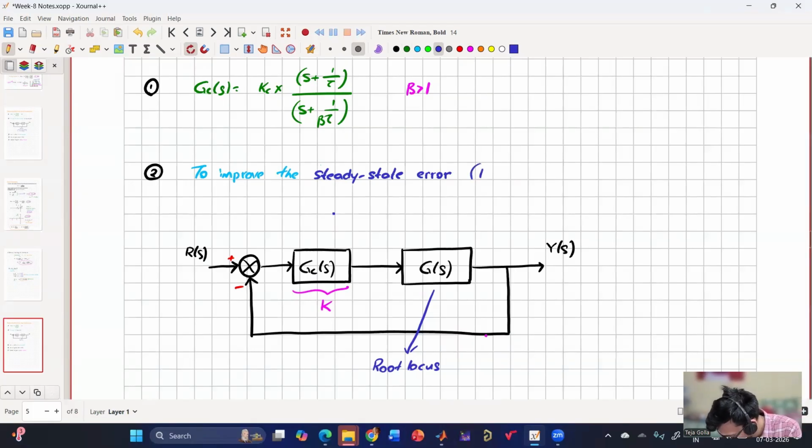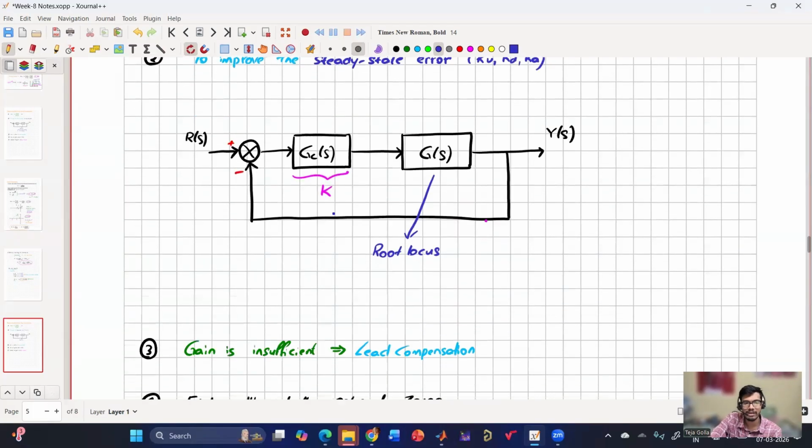So we have to calculate KV or KA or KD, whatever they have given. We have to calculate the steady state KV, KD, KA, whatever they are asking. And then we have to see whether a simple gain will suffice.